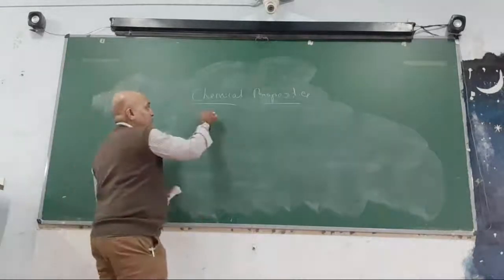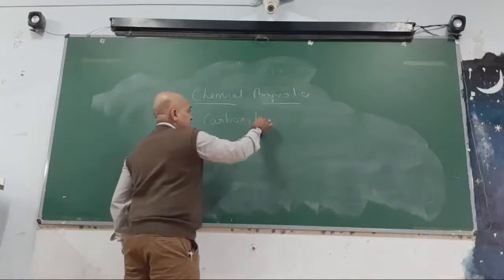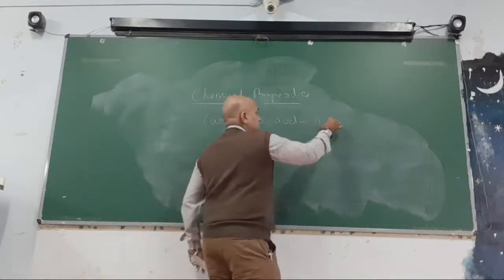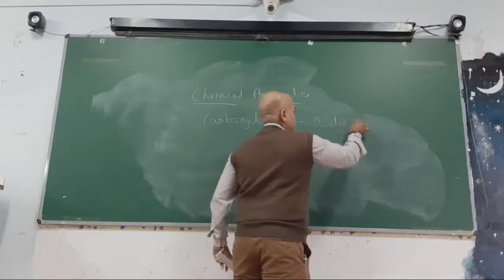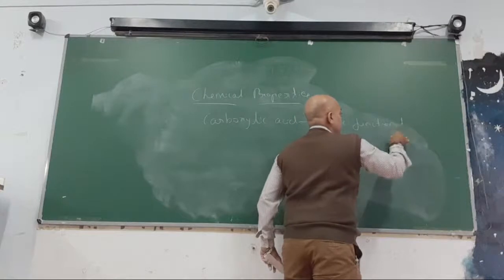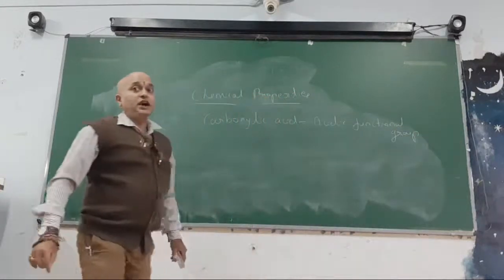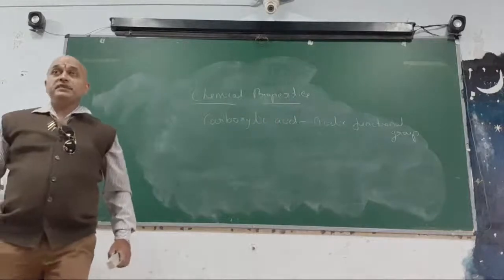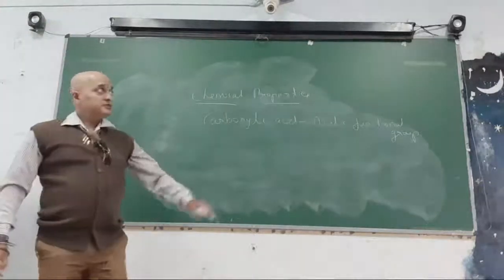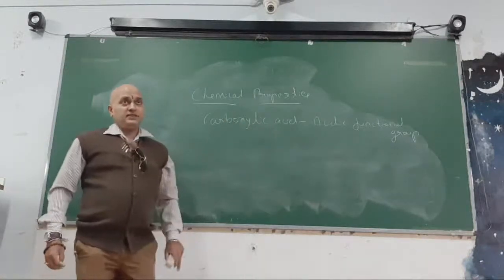Because all of us know carboxylic acid is an acidic functional group. Now the question here is why they are considered an acidic functional group. Due to that reason only it is carboxylic acid.